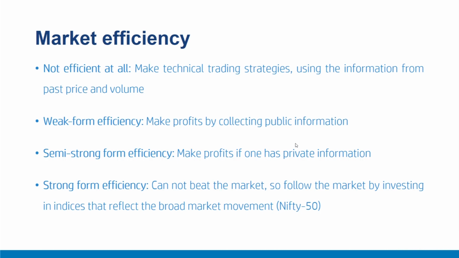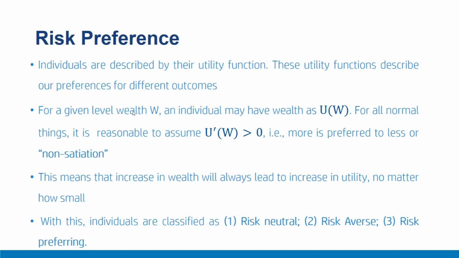The last and highest form is strong form efficiency. With the three levels, that is historical price, public information, and private information, if one cannot make profits using all these three layers, then the market is said to be strong form efficient.